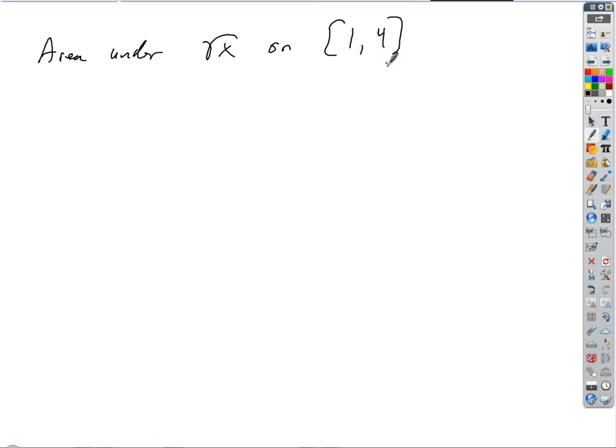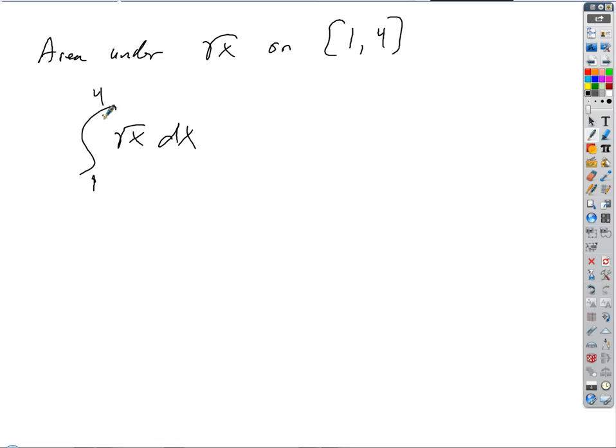How are we going to do it? Square root of x from 1 to 4.